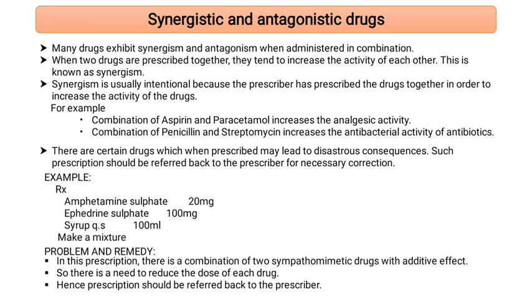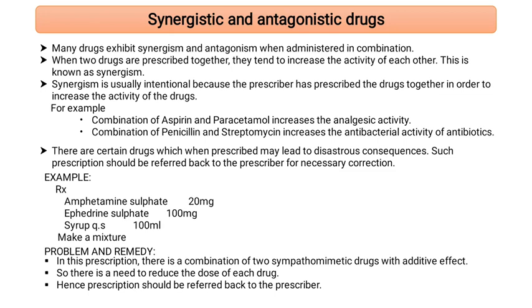Synergism is usually intentional by the prescriber, because the prescriber has prescribed the drugs together to increase the activity of the drugs. For example, the combination of aspirin and paracetamol increases the analgesic activity, and the combination of penicillin and streptomycin increases the antibacterial activity of antibiotics.